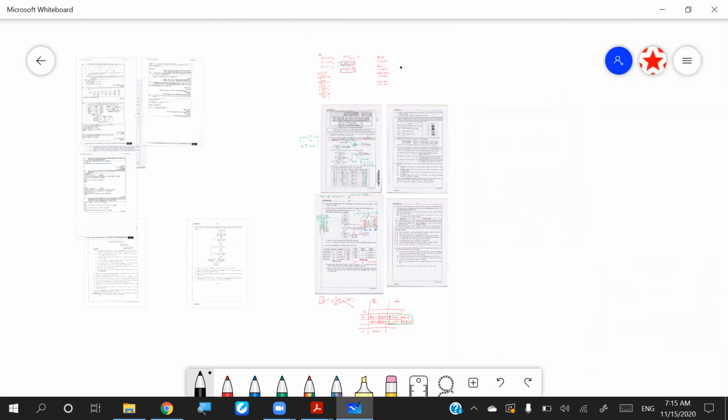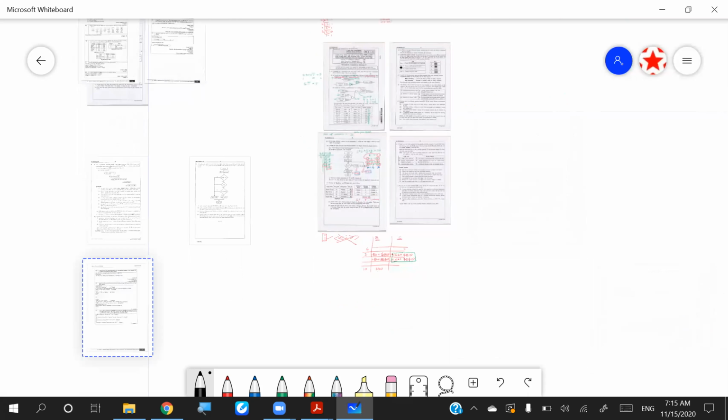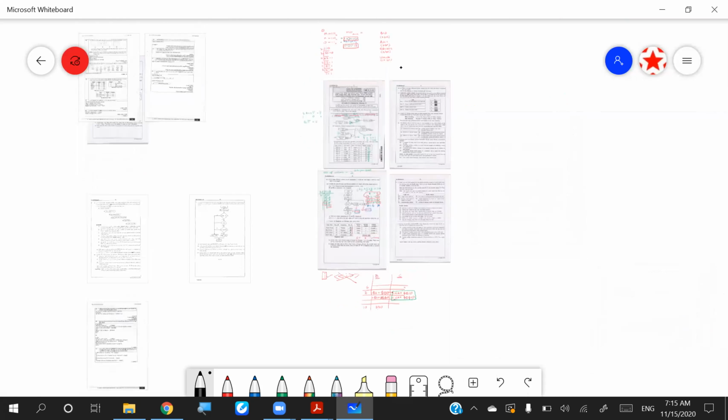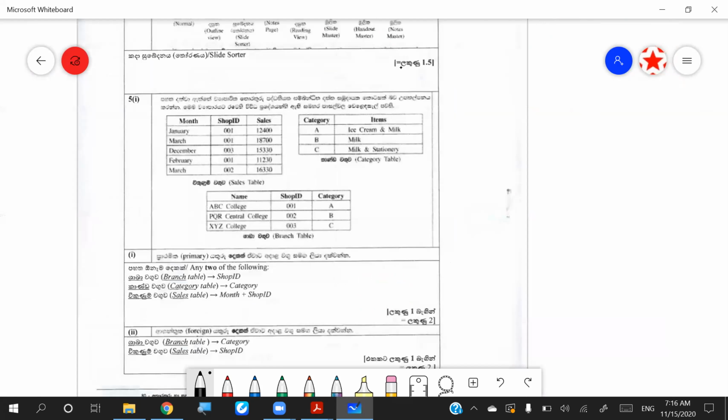Okay, so as we discussed here, what I need you to concentrate on is that this category is situated here.